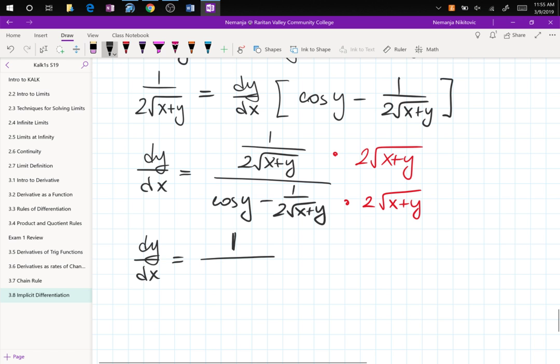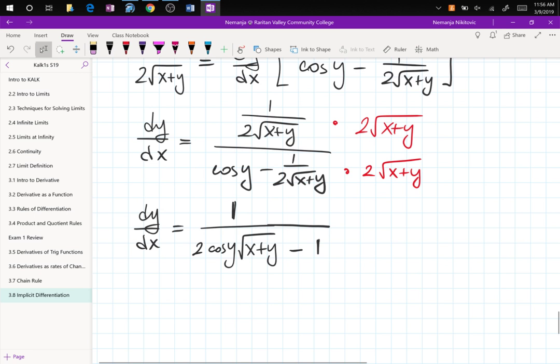In the denominator, we get 2 cosine y times the square root of x plus y minus 1, because they cancel. And that's it.